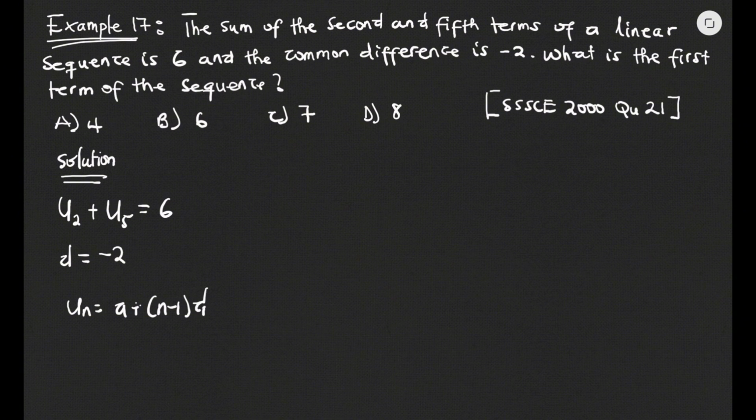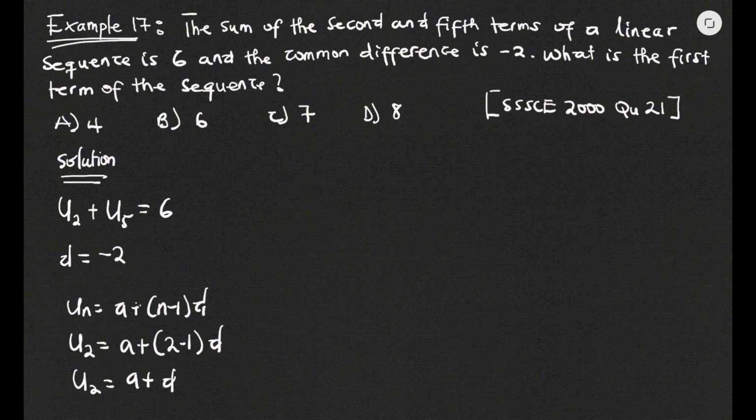So in this case where we have u2, it means n is 2, so we have a plus (2 minus 1) multiplied by d, and then u2 is equal to a plus 2 minus 1 is 1, multiplied by d, which will just give us d over here, and the d is -2.